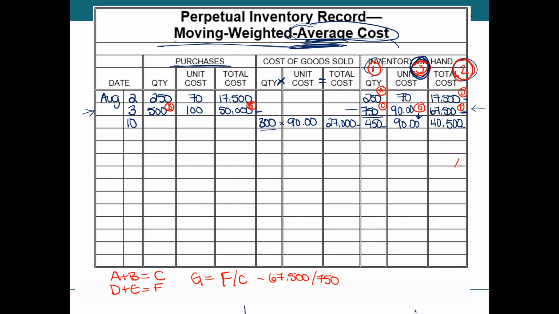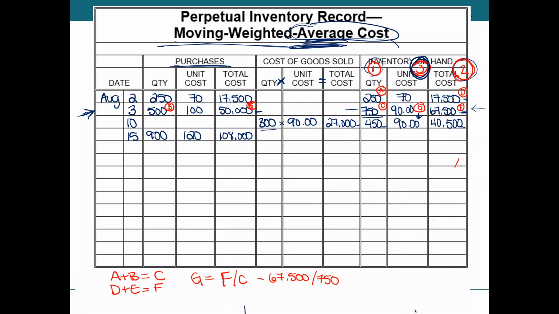Okay, the next transaction was on the 15th, and again we had another purchase. We purchased 900 units at $120 each, multiply those out, and we get $108,000 as our total cost. So now we do the same thing that we did on the 3rd.